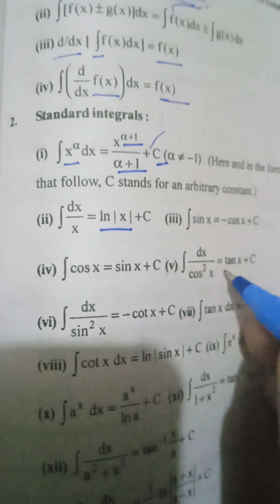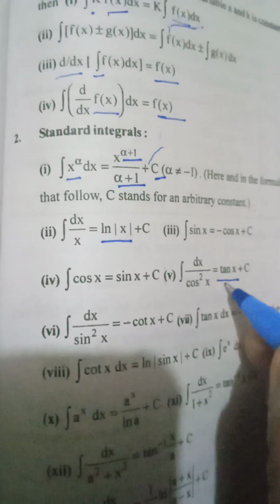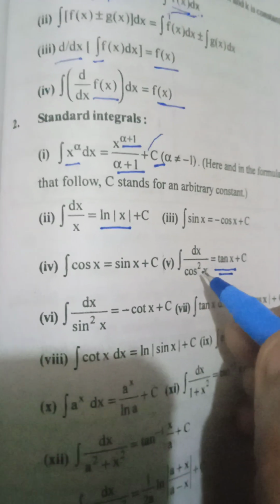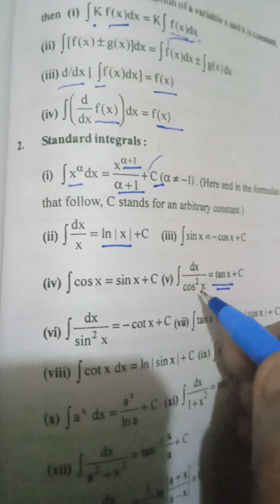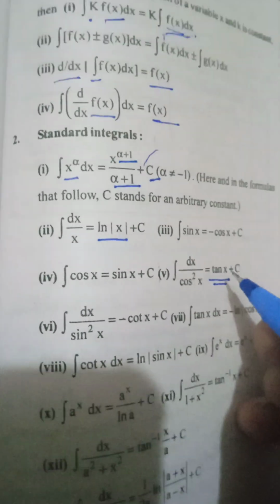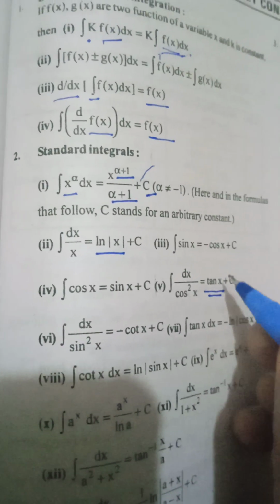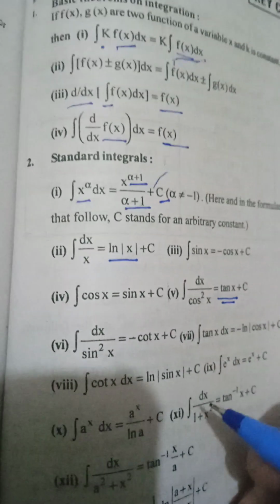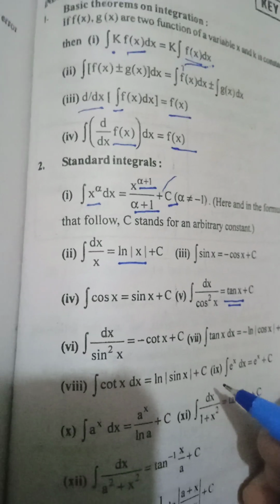Now what if we want to find tan x? Which function should we integrate? We have to integrate sec square x or 1 by cos square x. We find tan x, because tan x has a derivative which is 1 by cos square x or sec square x.